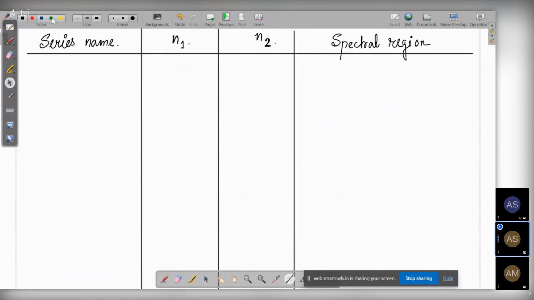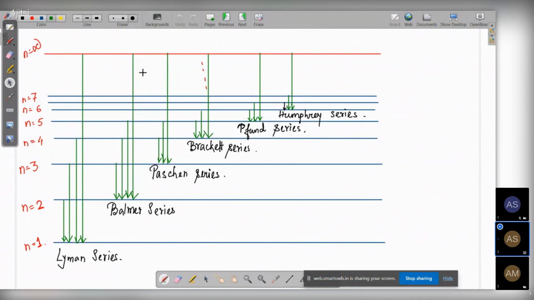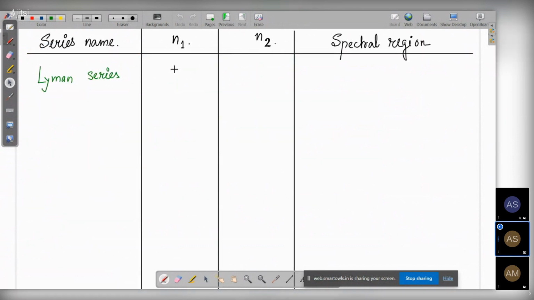The first series is our Lyman series. What happens for the Lyman series? For the Lyman series, the value of n1 is going to be 1. From wherever it comes, ultimately it will come to 1 only.